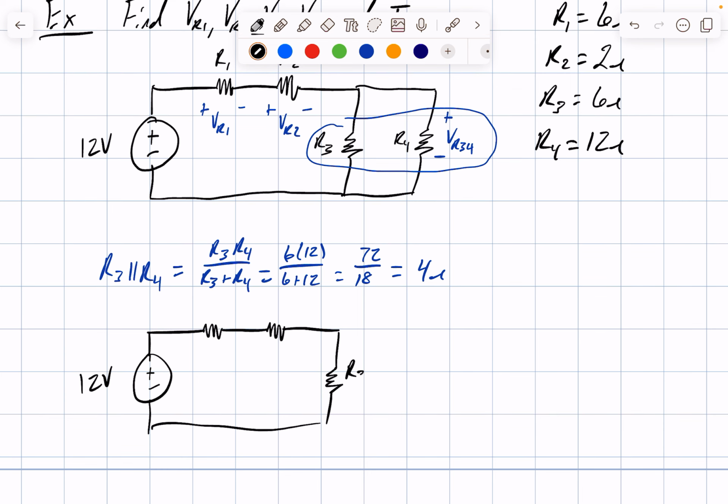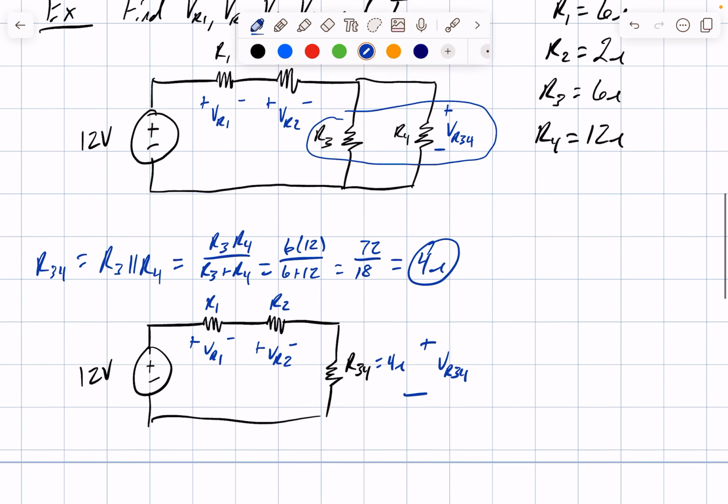We will call this R34, and R34 has the new value we just calculated, which is 4 ohms. We still have this voltage drop here, which we can say is VR34, and we still have resistors R1 and R2 along with their voltage drops.